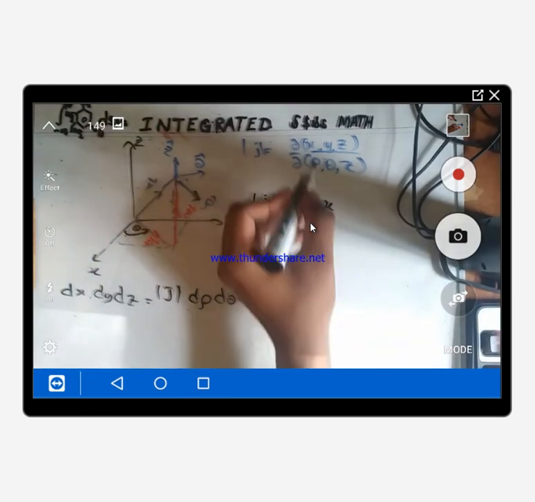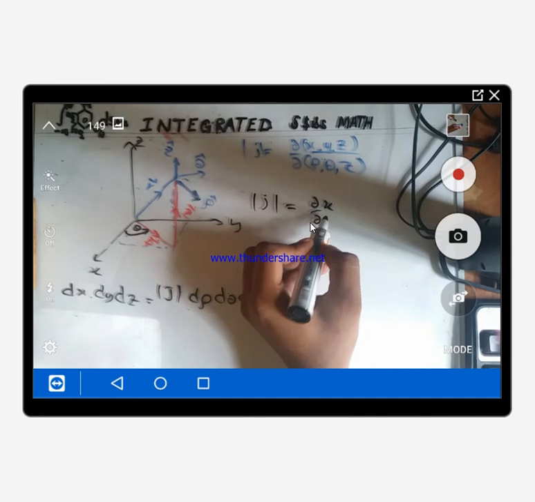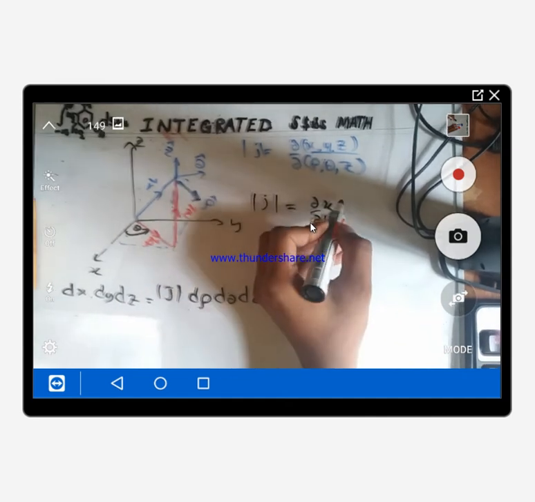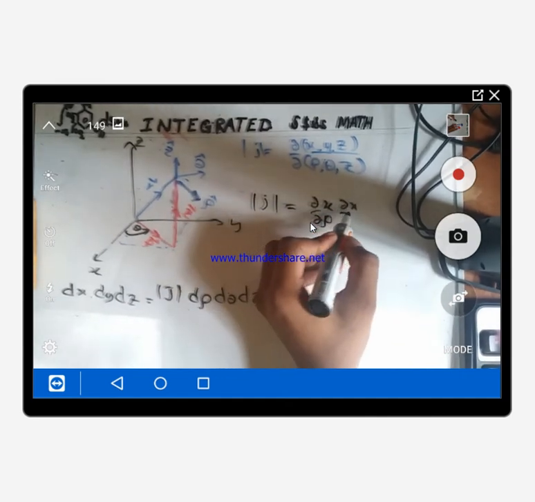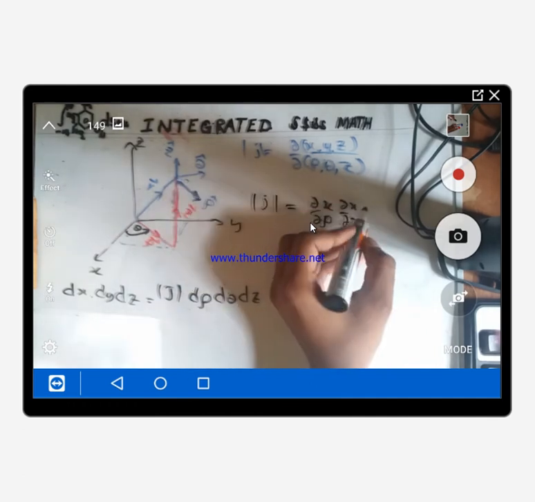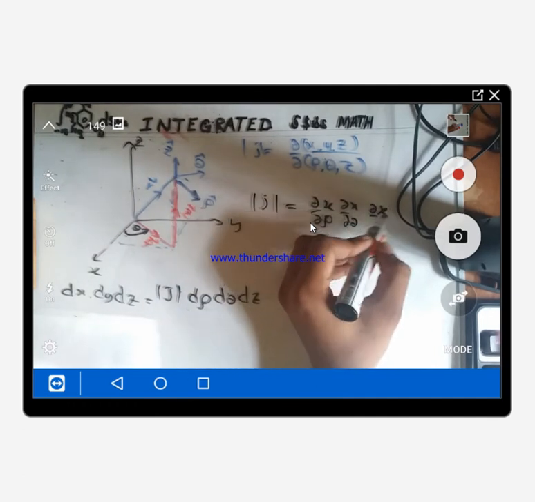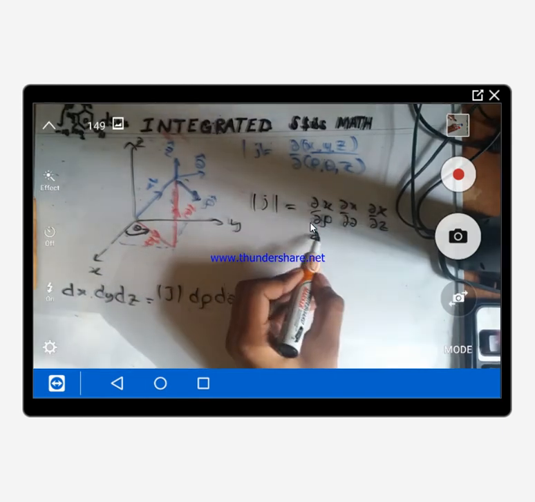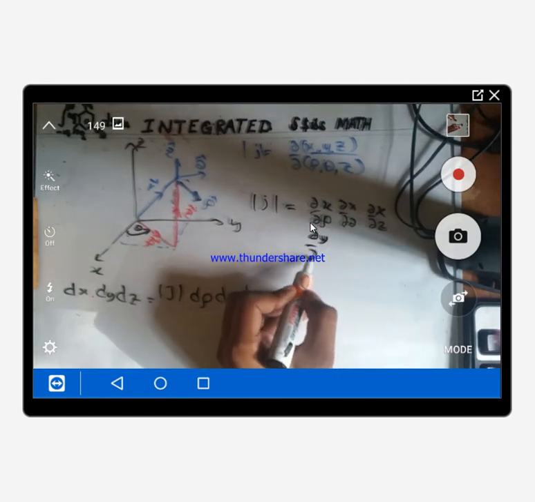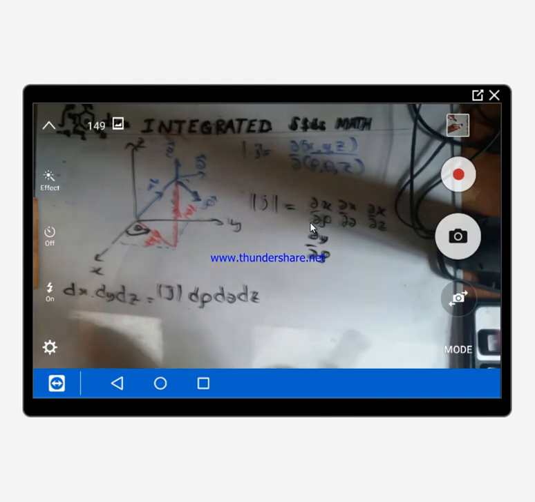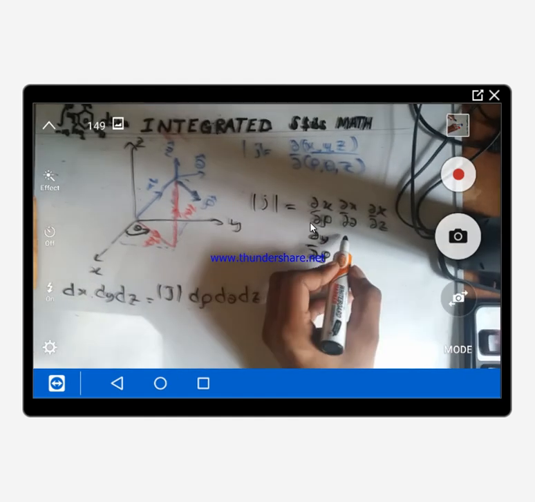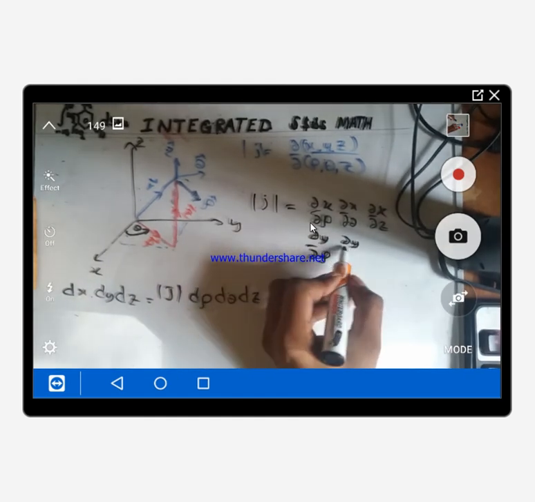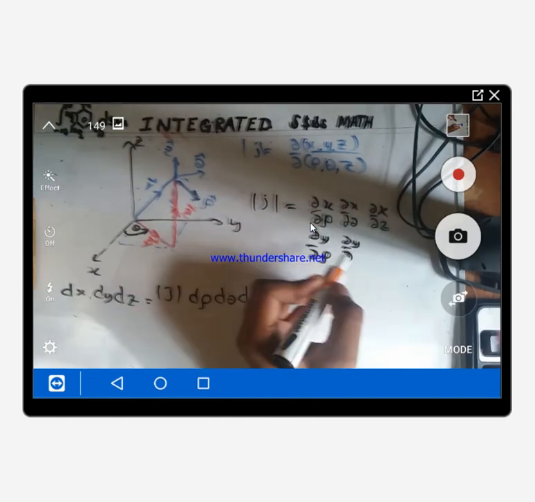Partial x with respect to rho, partial x with respect to theta, partial x with respect to z, partial y with respect to rho, and so on. It flows, and you may see the pattern.